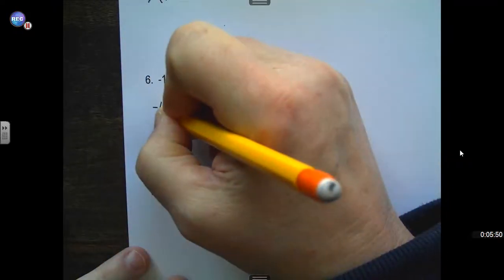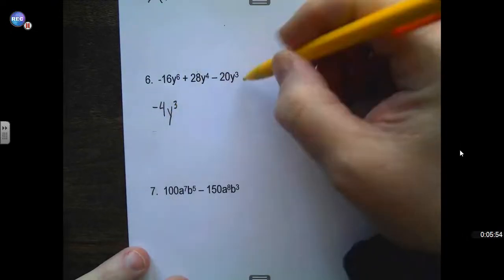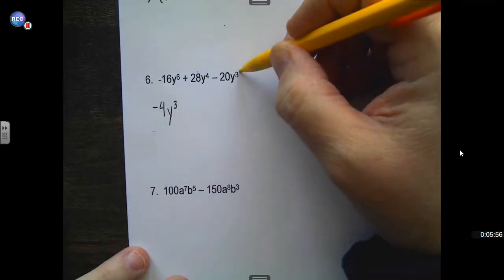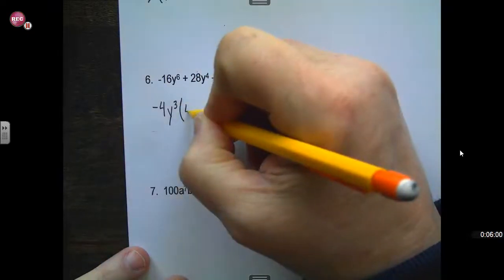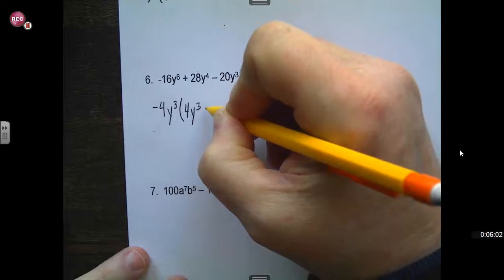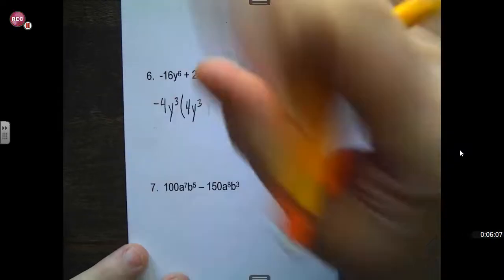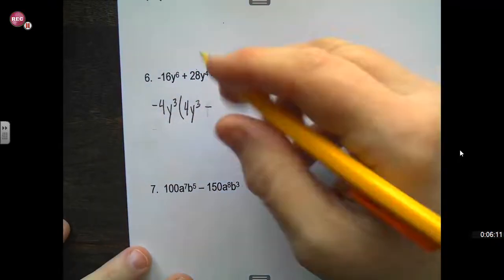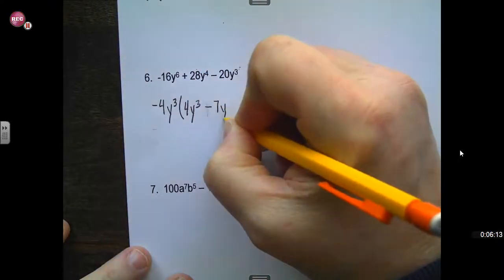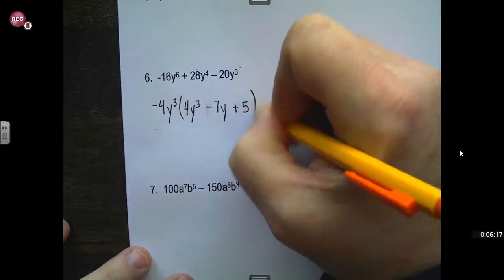And again, I'm going to take out a negative 4, and y to the third, because the smallest exponent on the y is 3. So I'm going to get 4y to the third, minus, if I factor out a negative, 7y plus 5.